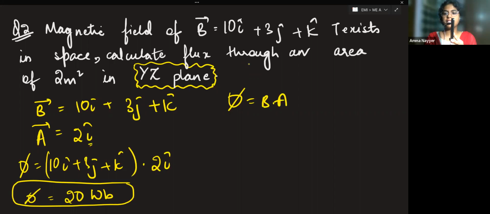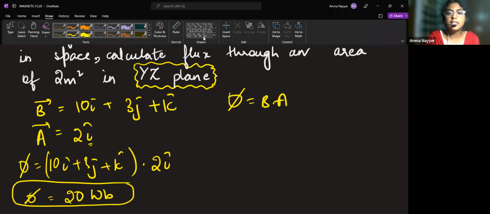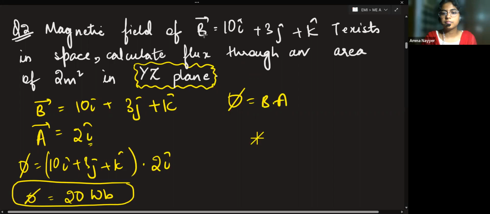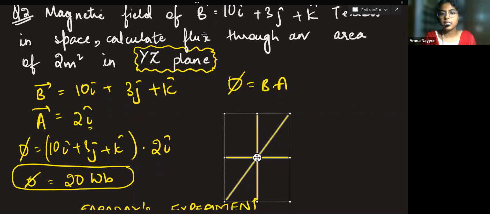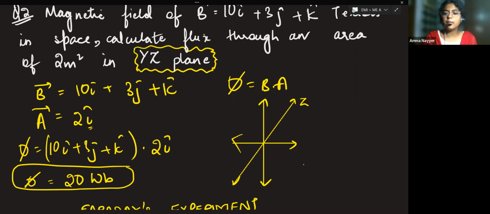Now see, this is your YZ plane. Y axis is there, Z axis is there. Remember one thing, all of you: all these three axes are perpendicular to each other. This is the case when we draw the axes, X, Y, Z. All three are perpendicular to each other.